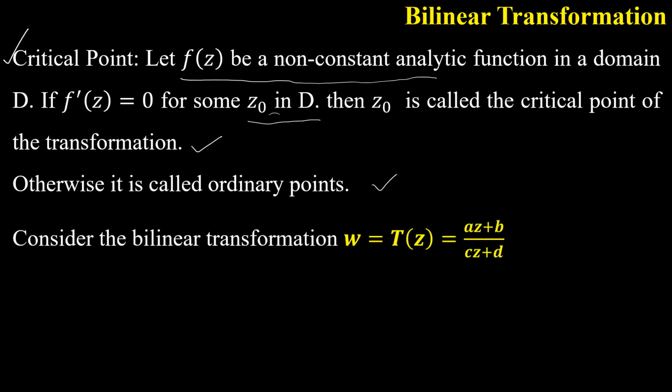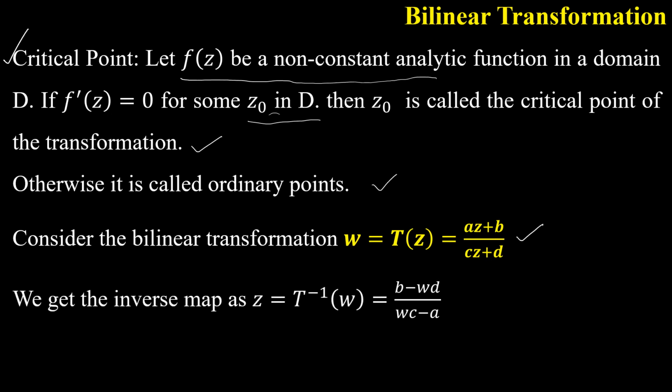If we consider the bilinear transformation W equals (AZ plus B) upon (CZ plus D), let's say it is T(z), we get the inverse mapping or transformation Z equals T inverse W, that is (B minus WD) upon (WC minus A). Framing it: W equals (AZ plus B) upon (CZ plus D).